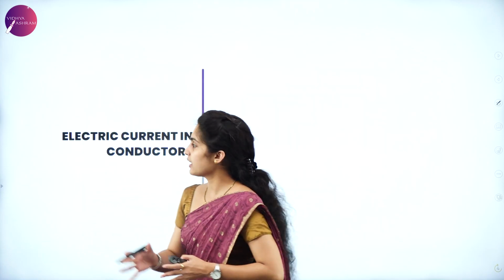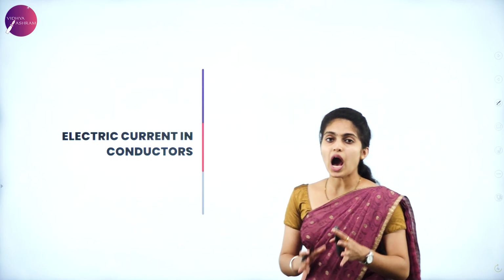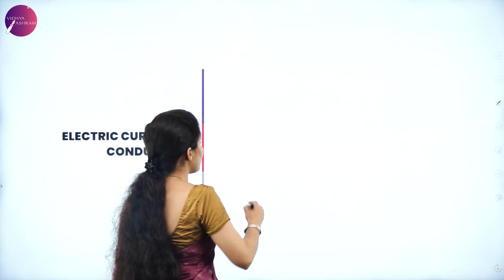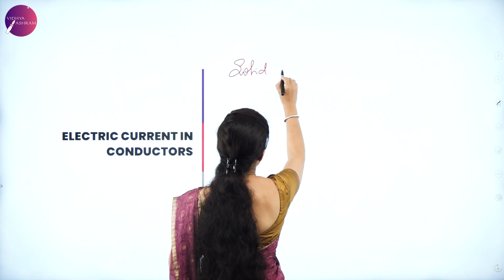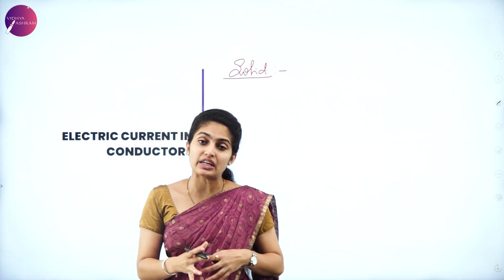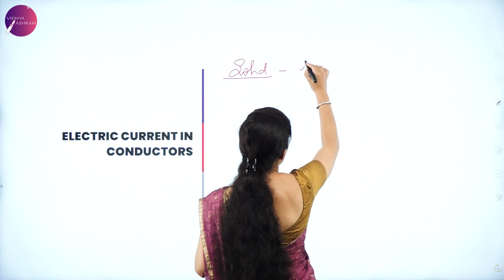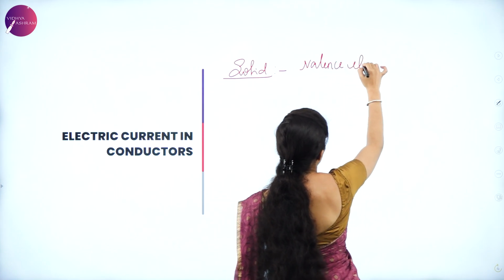The next thing is electric current in conductors. So how exactly is electric current studied in conductors? Suppose you are taking solids. In the case of solids, what is responsible for conducting electricity? That is nothing but valence electrons.